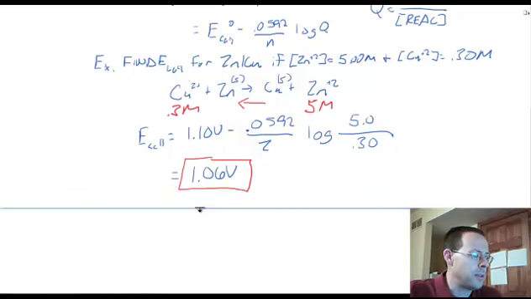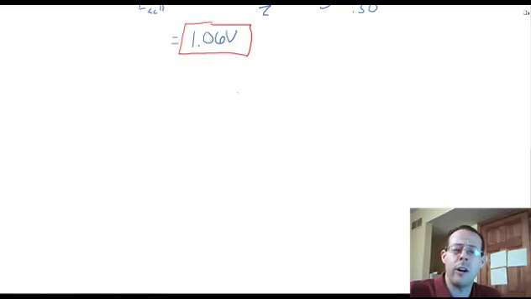So one other example, which is going to include our magnesium aluminum example from podcast 14.1, is this example.